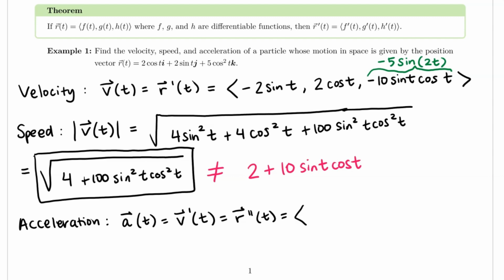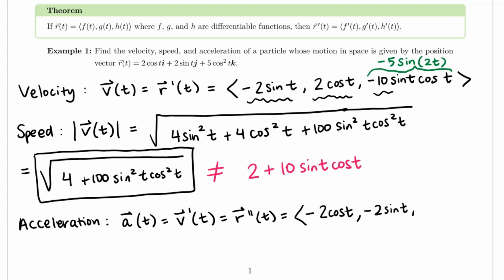So let's go ahead and take the derivative of each of these components. This is going to be negative 2 cosine of t. So that was the derivative of that. Now we want to take the derivative of 2 times cosine of t. That's negative 2 times sine of t.